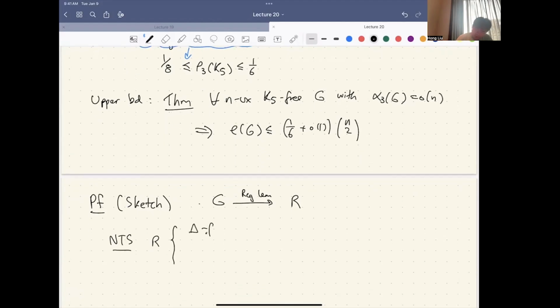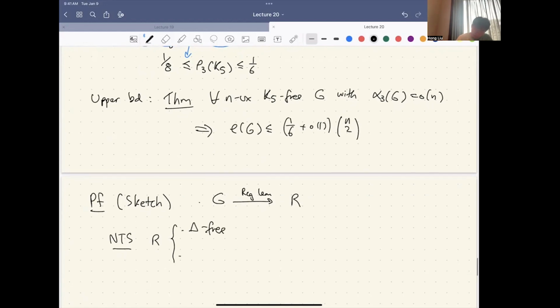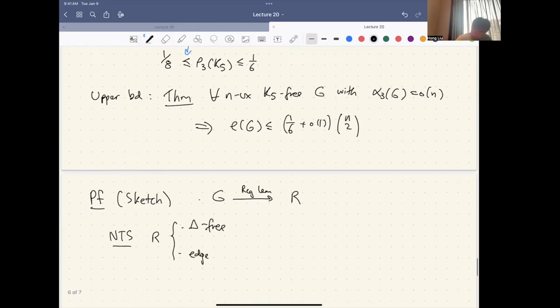First, it is triangle-free. Another thing is the edge density of every edge in this reduced graph, the edge weight in R, is at most 1/3. So triangle-free already gives you 1/2 times n choose 2, and multiplying by this weight together, you get 1/6 times n choose 2.